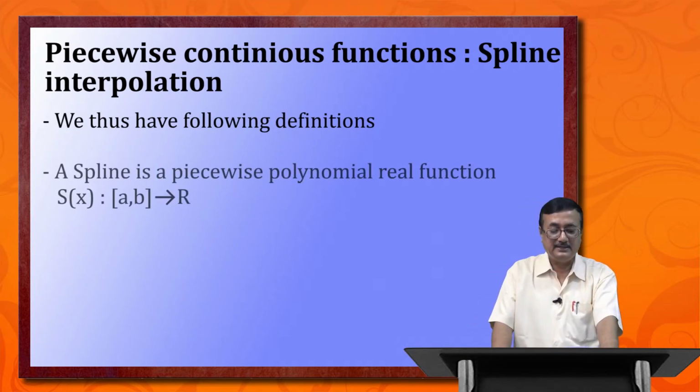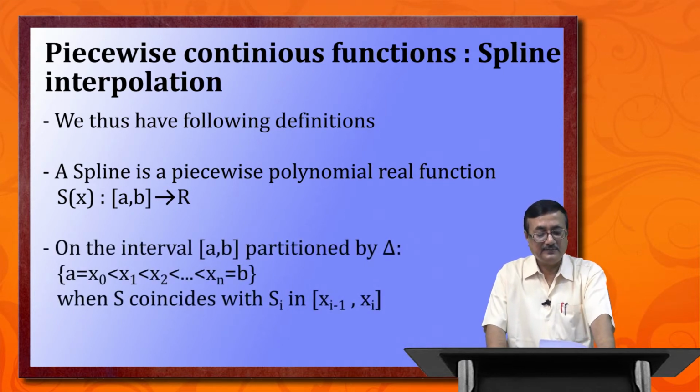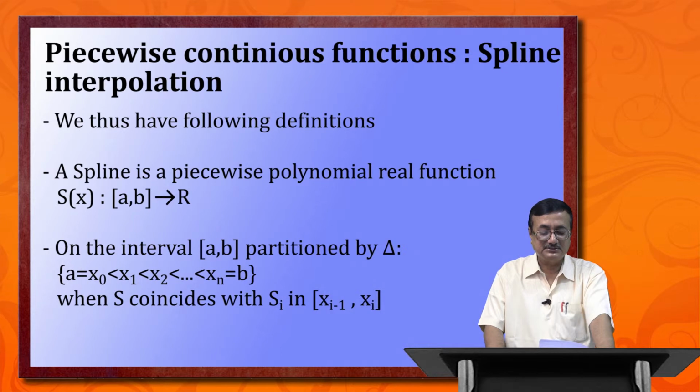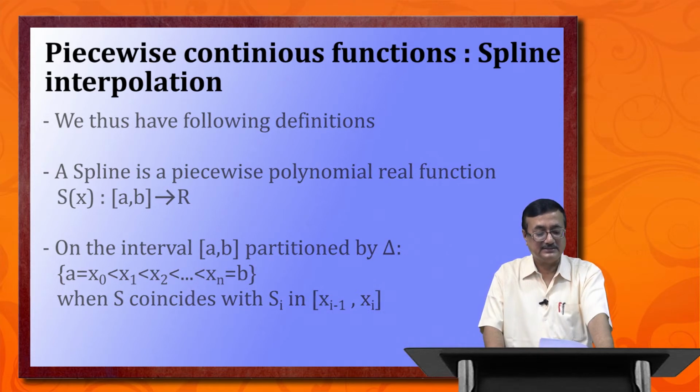We define a spline as a piecewise polynomial real function S(x) over [a, b] to the real field R, on the interval [a, b] partitioned by delta with the intermediate points x0, x1 up to xn, with the endpoints x0 and xn, when S coincides with S_i in the subinterval x_{i-1} to x_i.